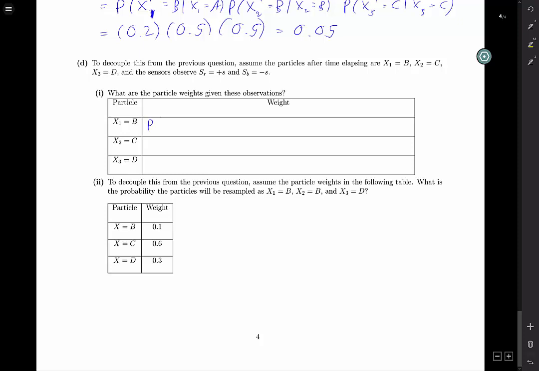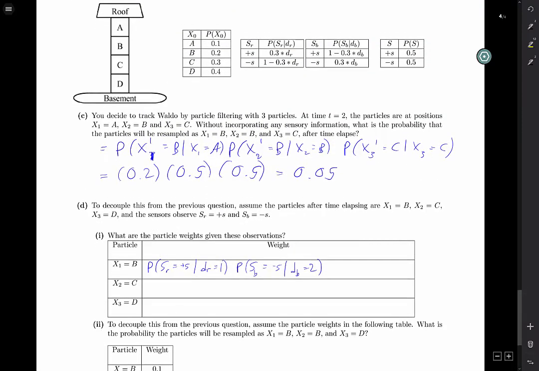So the probability that our roof sensor equals plus S, given that we are 1 away, times the probability that our basement sensor equals negative S, given that we are 2 away.